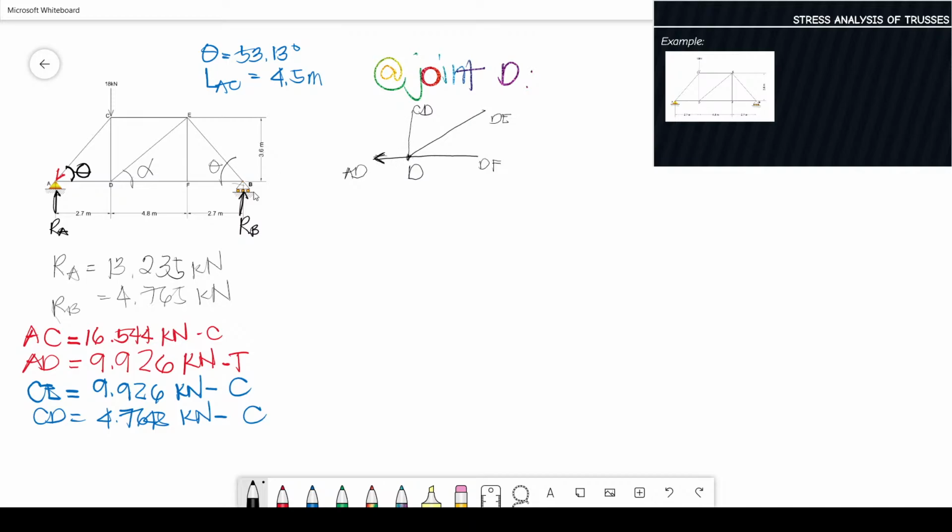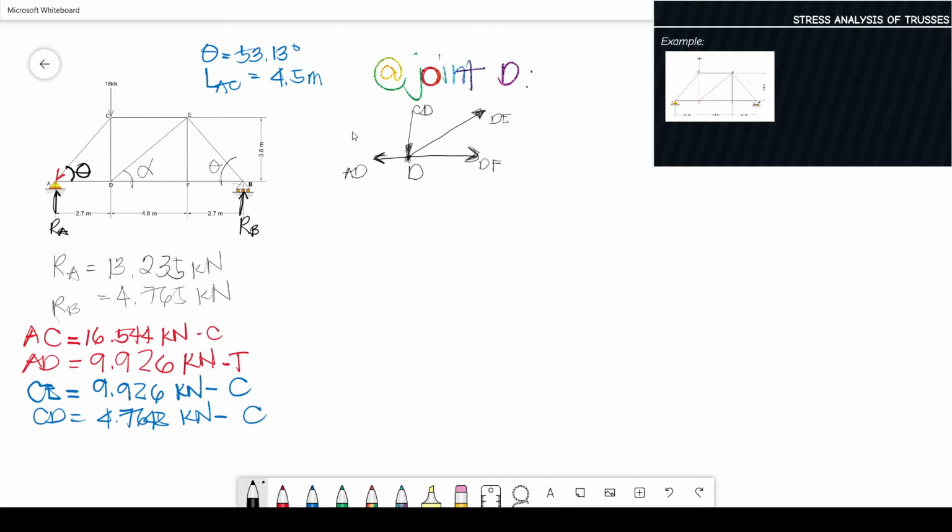Then our CD is compression. Then for DE, we have to assume. Downward, so we need upward, for equilibrium. So, this is joint D.